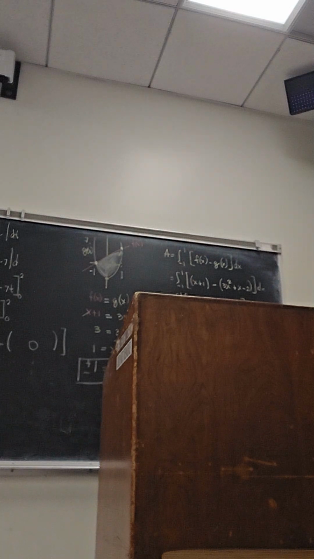So you have now negative x cubed plus 3x evaluated from negative 1 to 1. Okay, I need you to continue by yourself. And if you have the answer, let me know.